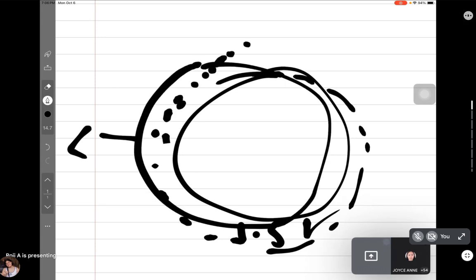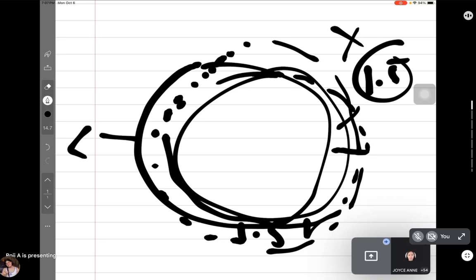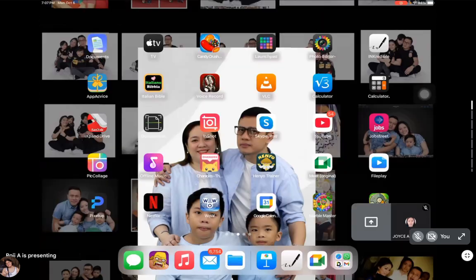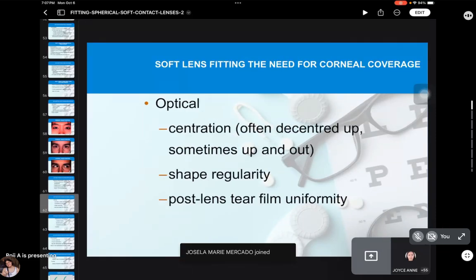The contact lens will lag. As long as it's 1.5, it's okay. You go beyond that, it is not okay. Are we clear? Yes, Doc.